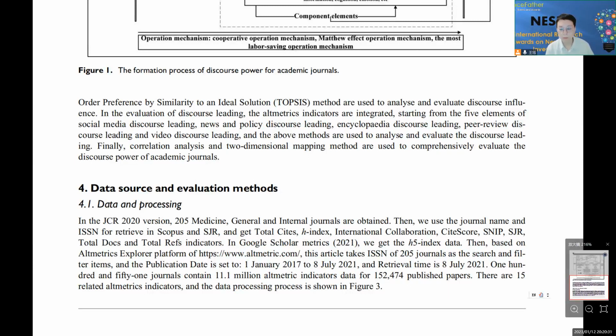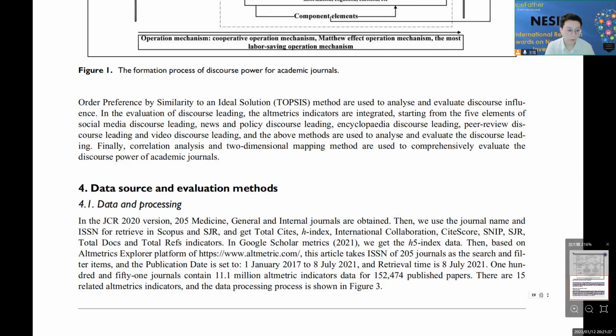In Google Scholar Metrics, we get the H5 index data. Then, based on the Altmetric Explorer platform of 3w.altmetric.com, this article takes the ISSN of the 205 journals as the search and filter item, and the publication date is set to 1 January 2017 to 8 July 2021, and the retrieval time is 8 July 2021. 151 journals contained 11.1 million altmetric indicator data for 152,440 published papers.